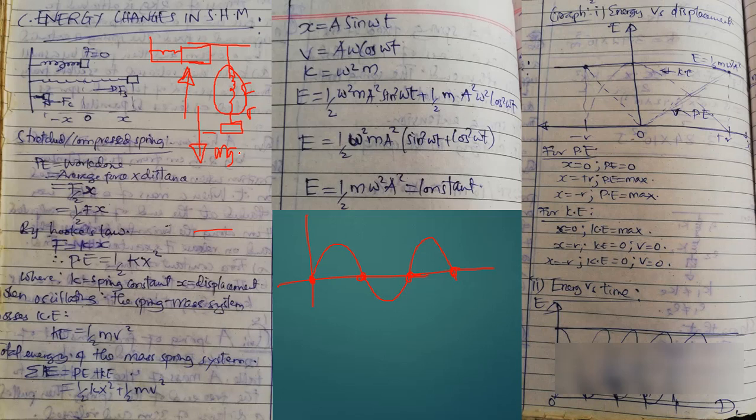So the total energy in the mass spring system is potential energy plus kinetic energy. As usual, kinetic energy is half mv squared. So we have potential energy half kx squared plus kinetic energy half mv squared. But we remember that displacement is a sin wt and velocity, when you differentiate, is aw cos wt.